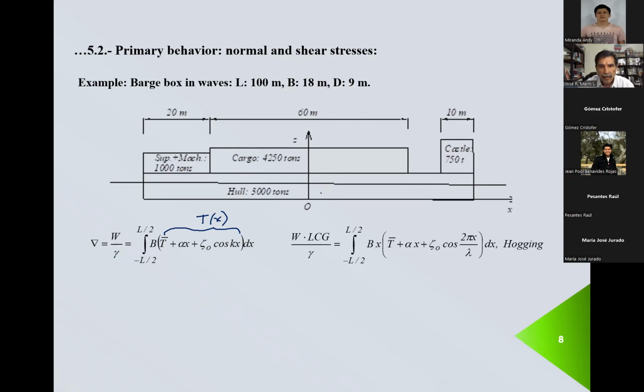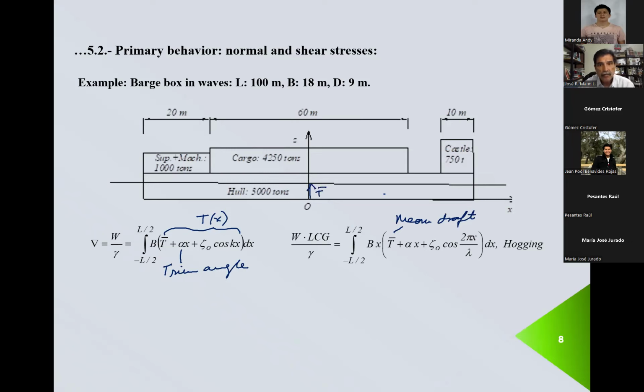Also, we need to determine the angle of trim. In this case, I'm calling it alpha. You see here, this is the trim angle, and this is the mean draft. So mean draft is measured here.